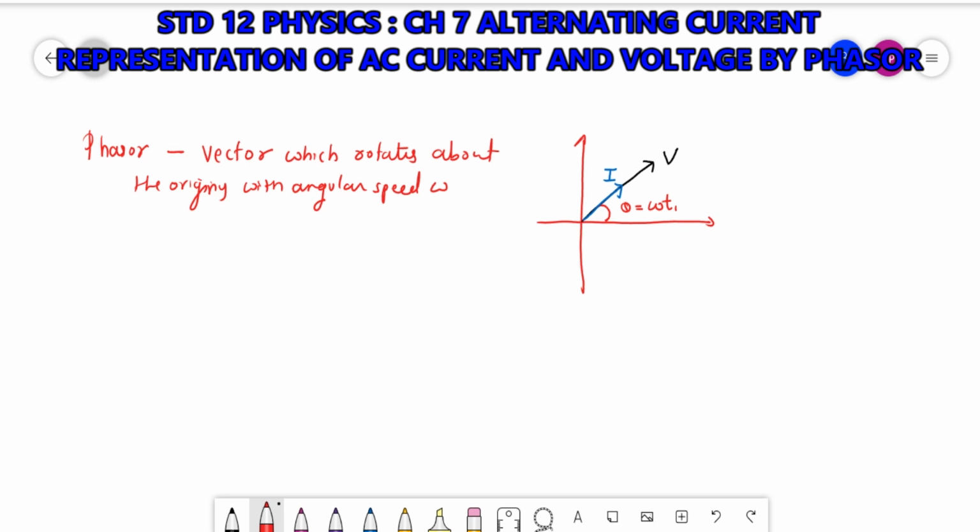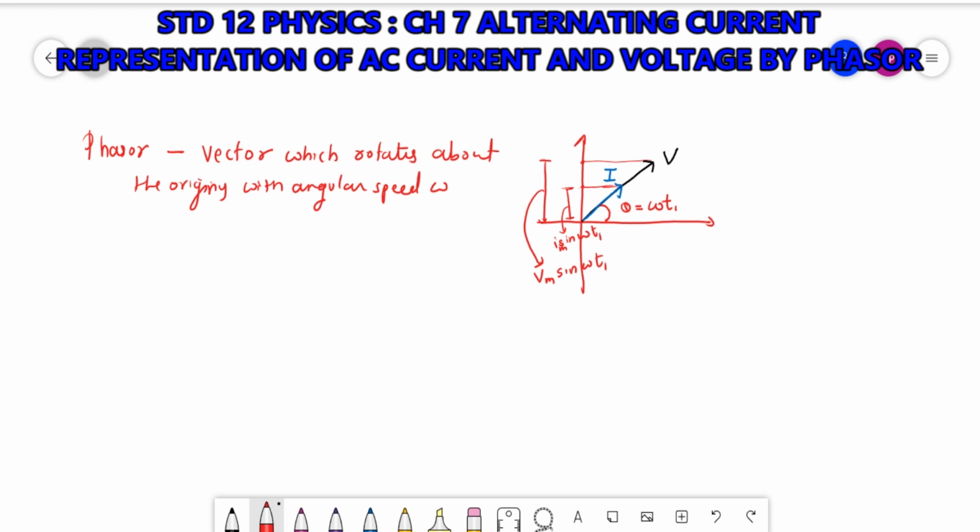Now I can split into two components. See the vertical component here. They are the sinusoidal varying quantities of V and I. The vertical component of the current vector is Im sine omega t1, and the vertical component of the voltage vector is Vm sine omega t1.